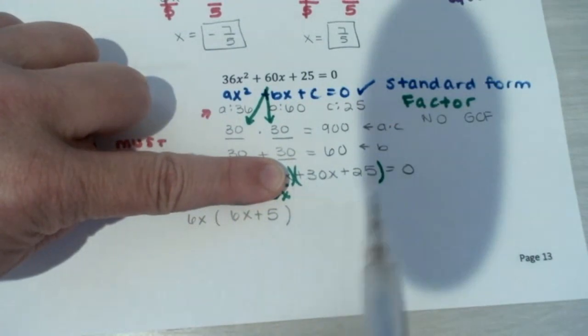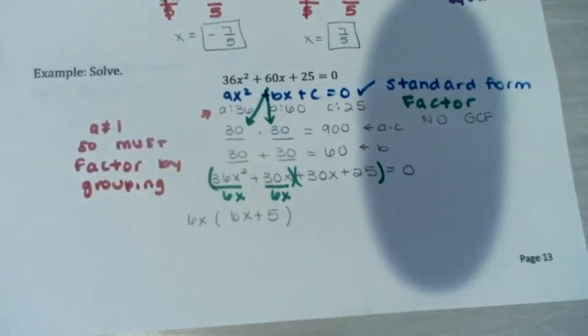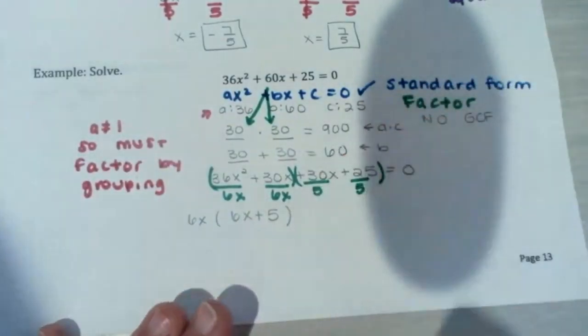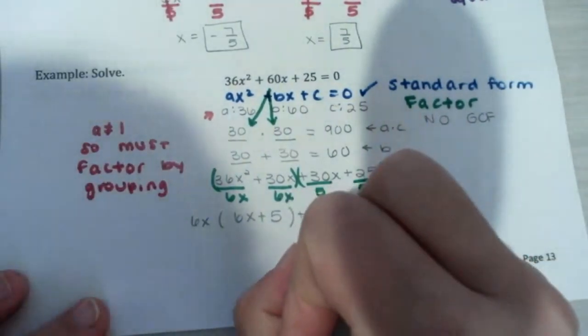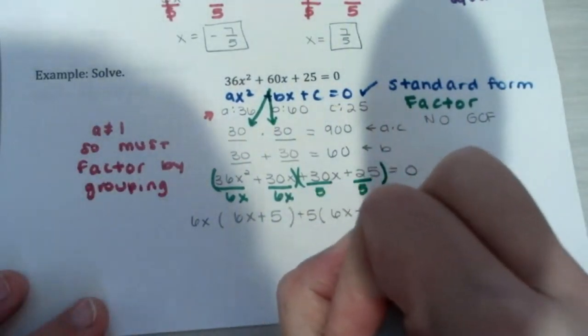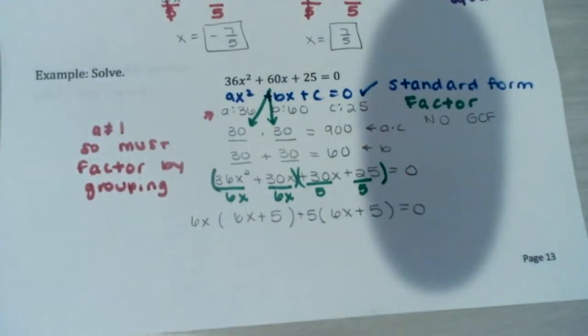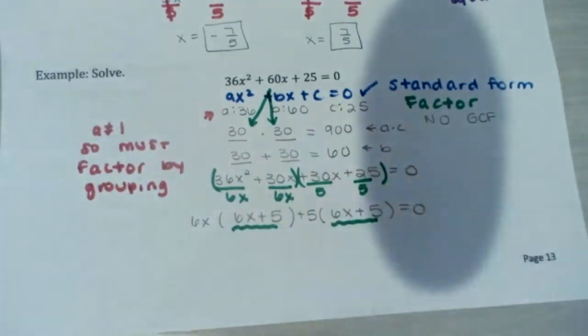So if we have 30x plus 25, GCF here looks like positive 5. So factoring or dividing out positive 5, we're left over with 6x plus 5. We know we did it right because they both have 6x plus 5 in common.